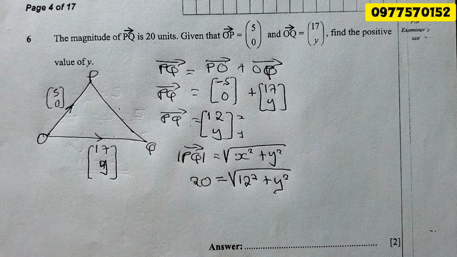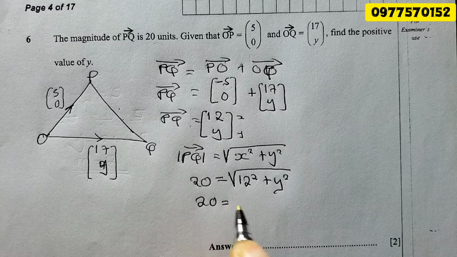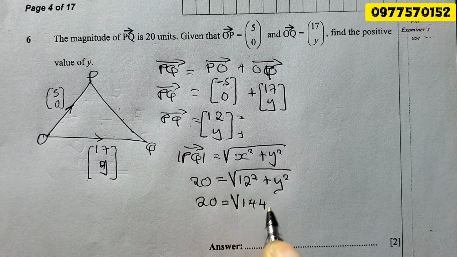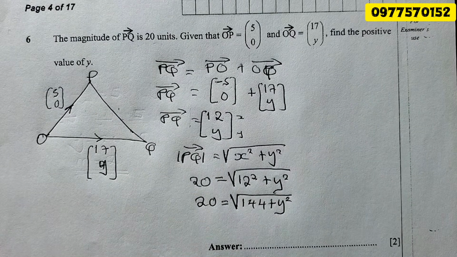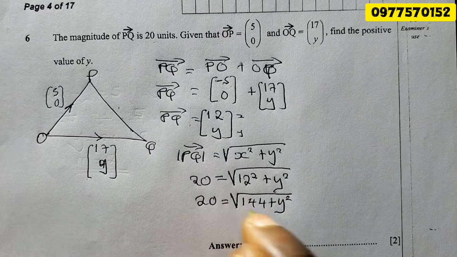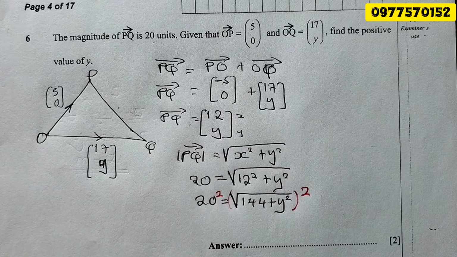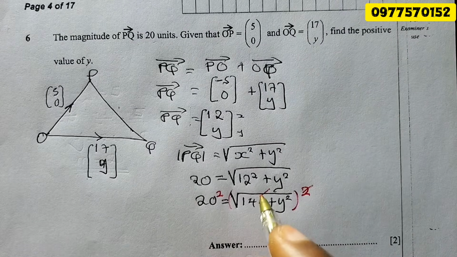Now, here we can say 20 is equal to the square root of 12 squared, which is 144, plus y squared. We are going to square both sides to get rid of this square root symbol. So the square root will cancel.